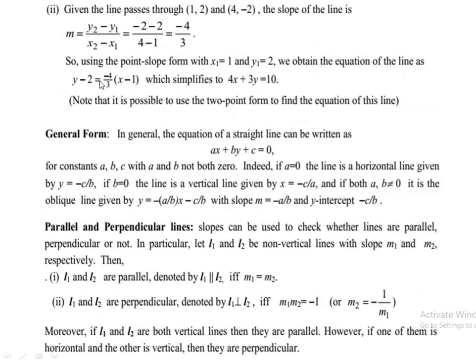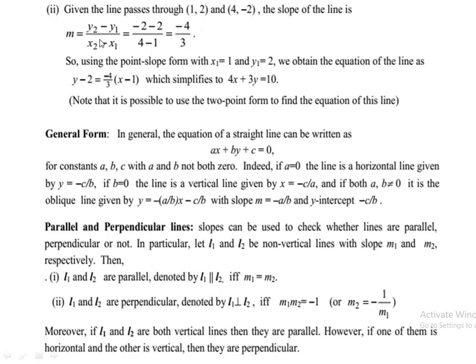Now here, the line passes through (1, 2) and (4, -2). The slope of the line here is (y2 minus y1) over (x2 minus x1). Assume that y2 is minus 2 and x2 is 4, y1 is 2 and x1 is 1. Therefore, we have minus 4 over 3, so m is minus 4 over 3.